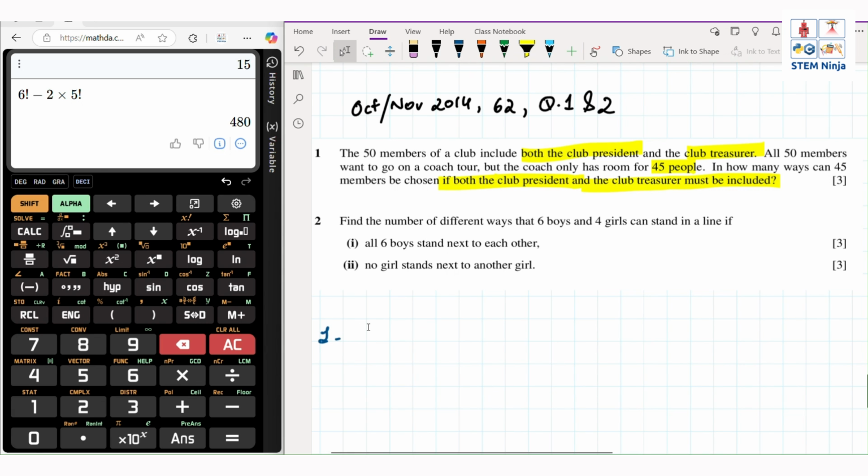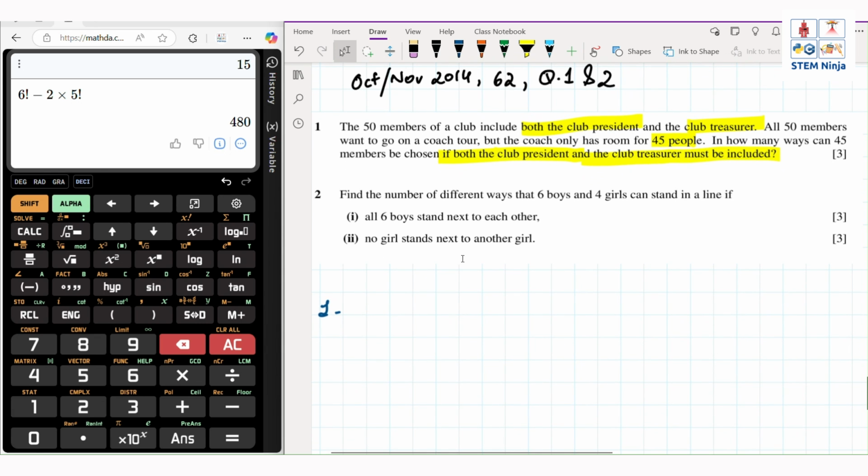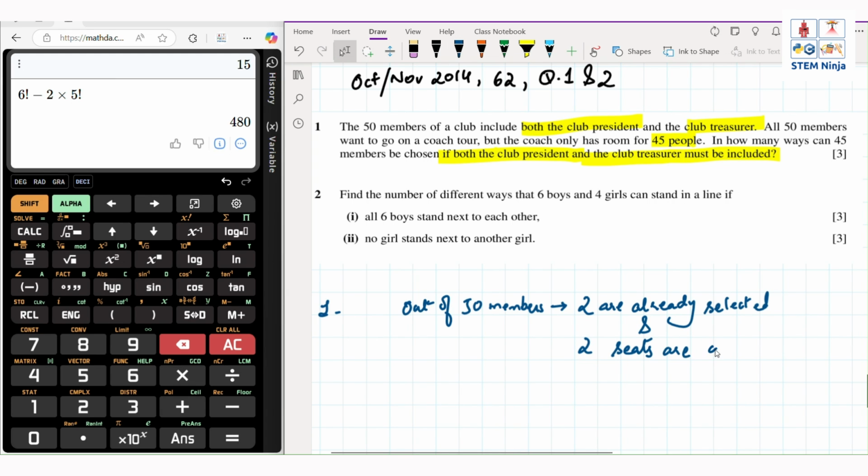So this is a very, very easy question. So out of 50 members, 2 are already selected, and because of that 2 seats are going to be occupied.